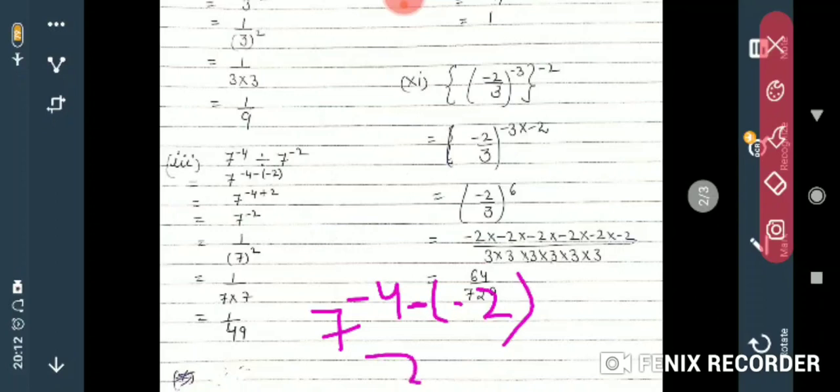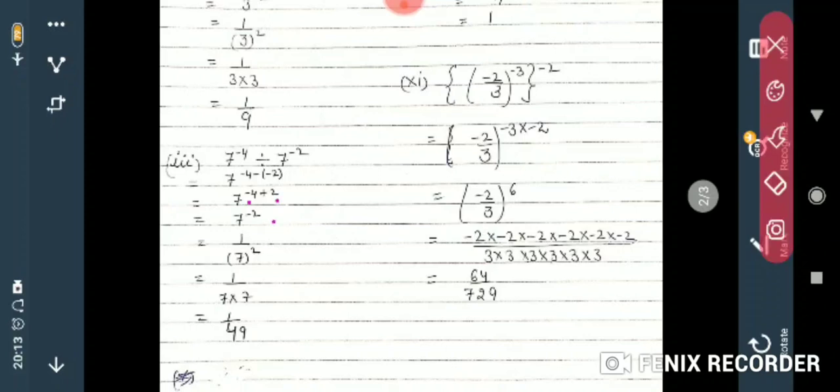Yes. Then 7 to the power minus 4 minus minus plus 2. Similarly here. Just see, minus 4 subtract minus 2, so minus 4 minus, minus, plus 2. Okay. Just see, plus 4 and minus 4 and plus 2. What will come? Minus 2.